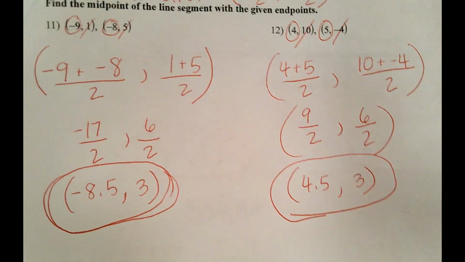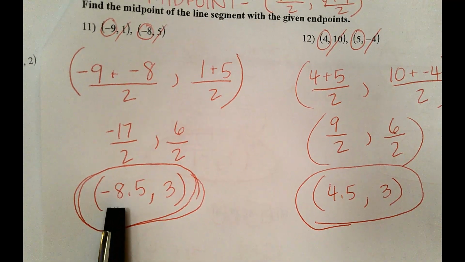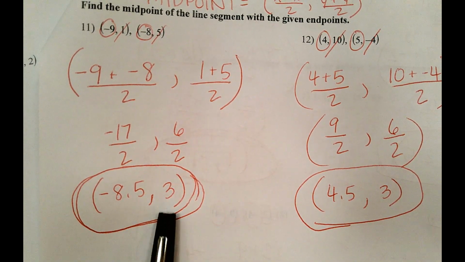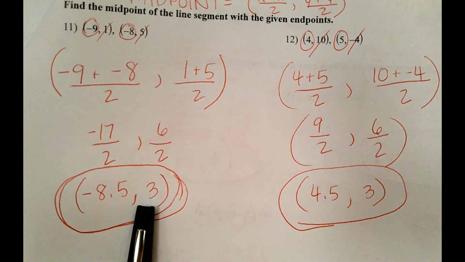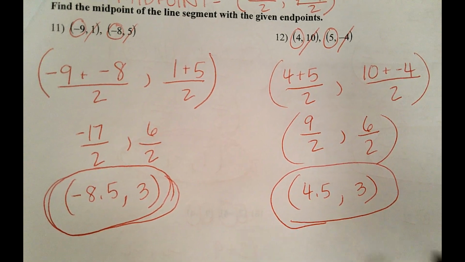So we're looking at an x value and a y value. For number 11, I got -8.53. Number 12, +4.5, +3.